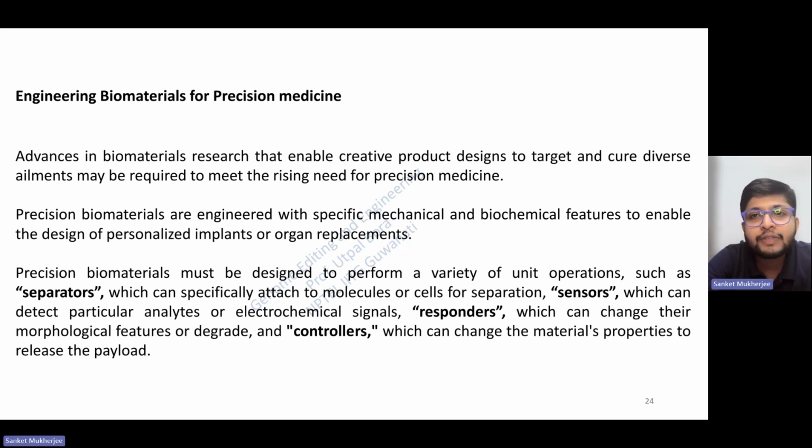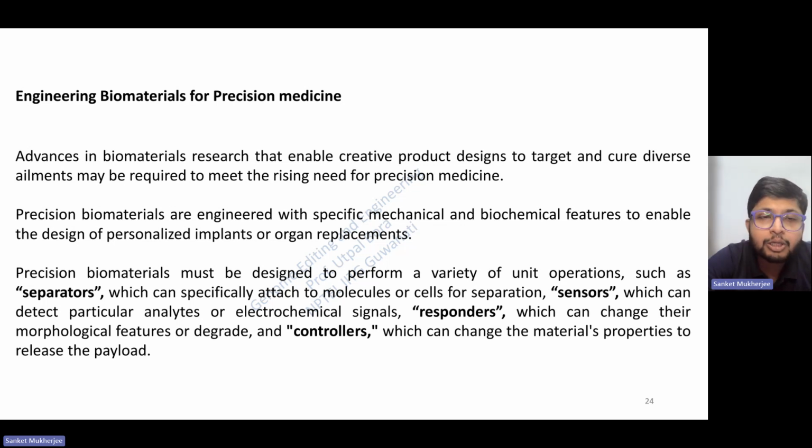For understanding this, we need to know the engineering biomaterials for precision medicine. So advances in biomaterials research have enabled us to make creative product designs to target and cure diverse ailments, which may be required to meet the rising need for precision medicine. So precision biomaterials are engineered with specific mechanical and biochemical features to enable the design of personalized implants or organ replacements.